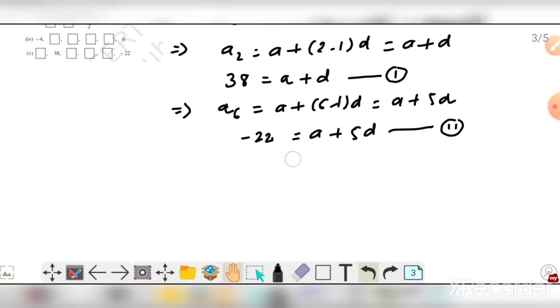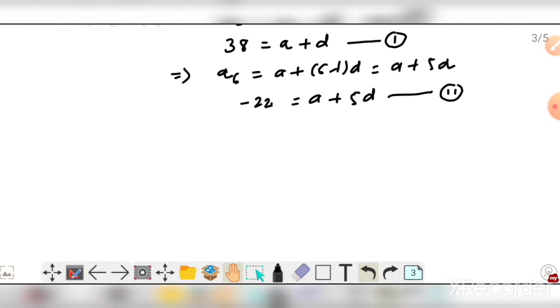So by equation 1 and 2 we can find out the value of D. How? Let's see. By subtracting equation 2 from 1, or you can simply write by equation 1 and 2.